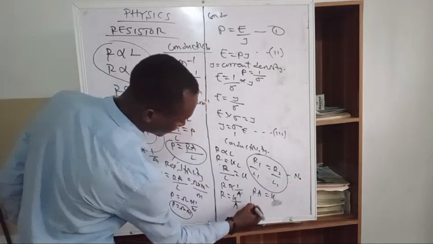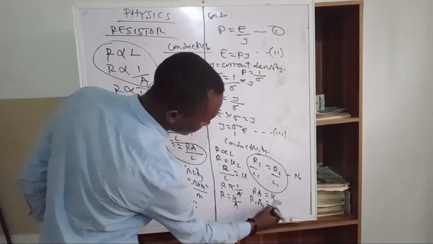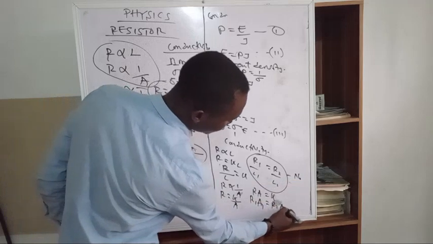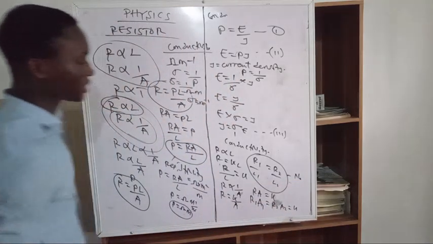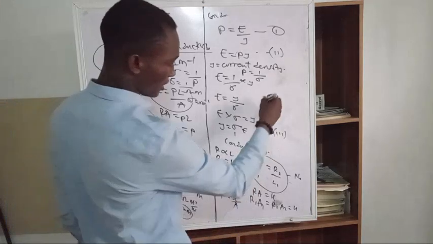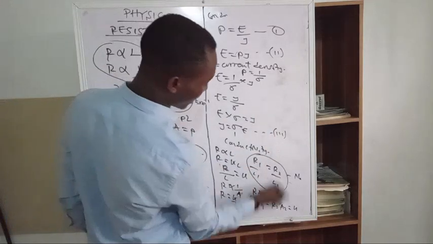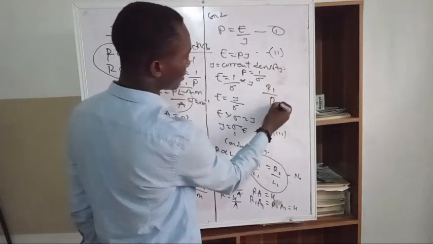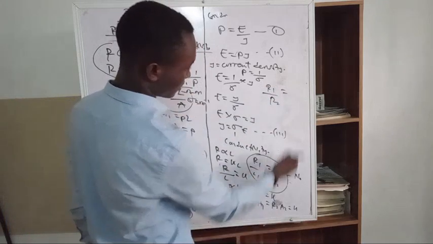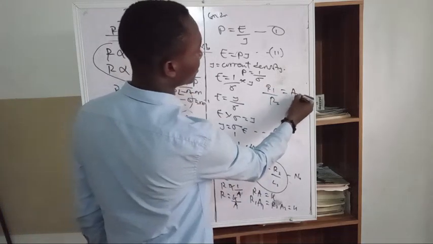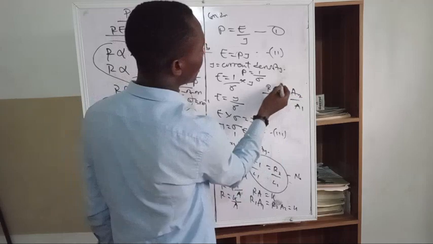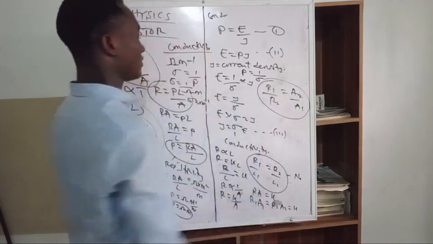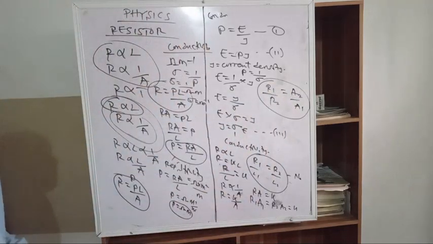So R1A1 is equal to R2A2, which is equal to K. That means at the end, R1 over R2 is equal to A2 over A1. Know this formula too, when you're having two resistors, maybe one area is given and you're looking for the second area in meter square. If it's given in centimeter, you convert. So that's how to go about all of those things.